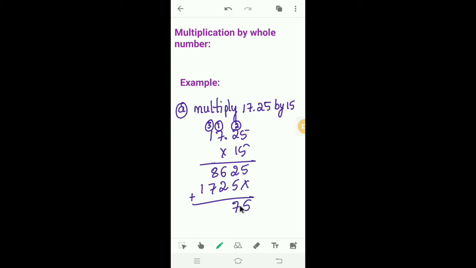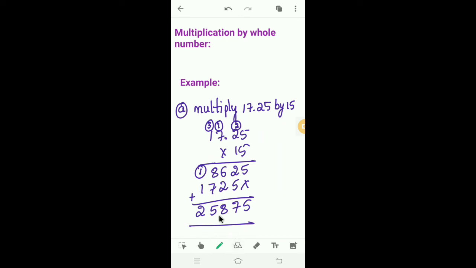5, 7, 8. 8 plus 7 is 15. So I will write 5, 1 carry. 1 plus 1 is 2. Next, in the multiplicand, how many decimal places are there? 2 decimal places.